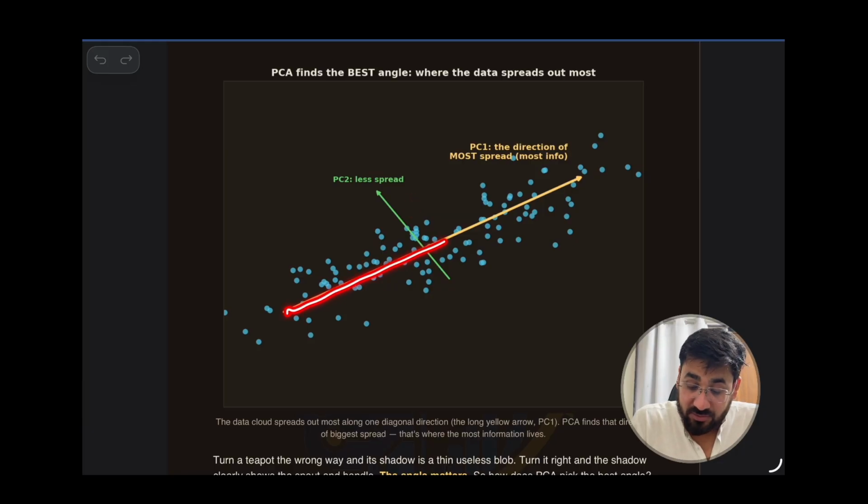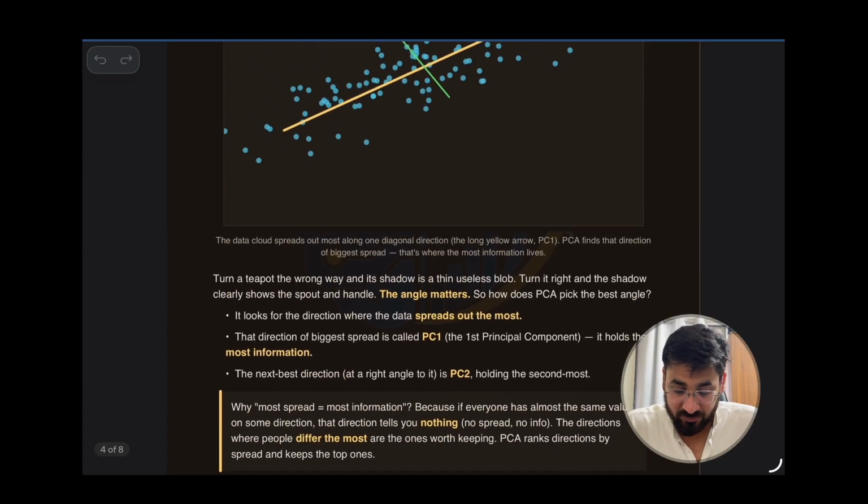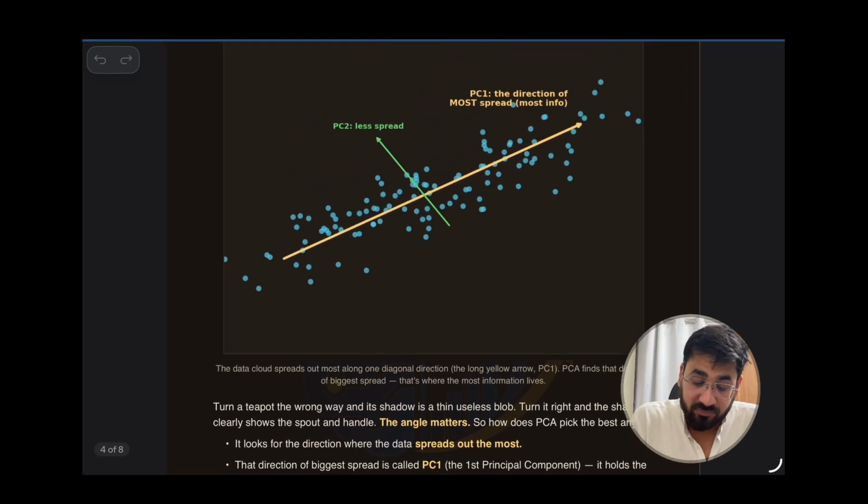First we will choose this yellow one, because this is the line where most of the information is, and this is called PC1. What is PC? Principal component. This is the first principal component where most of the information is.